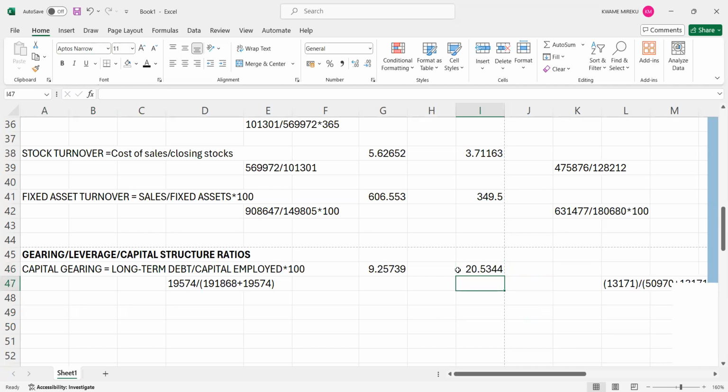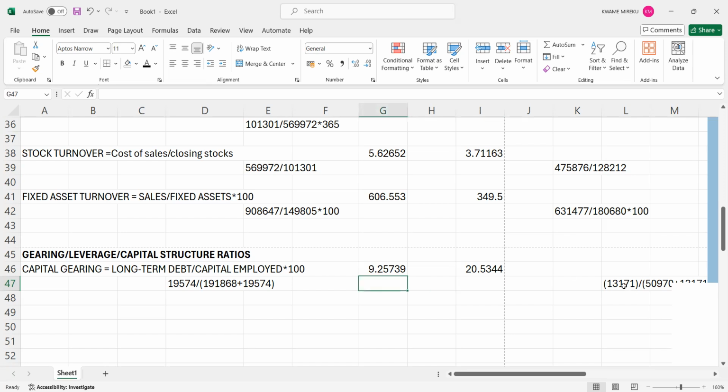Okay. So the percentage of long-term debt in the entire capital portfolio was 20.5% in 2022, whilst in 2023 it has reduced to 9.26%.